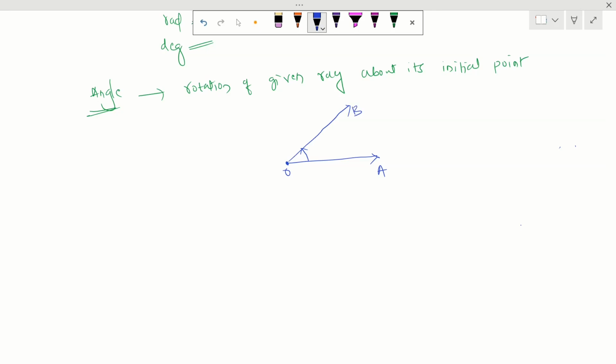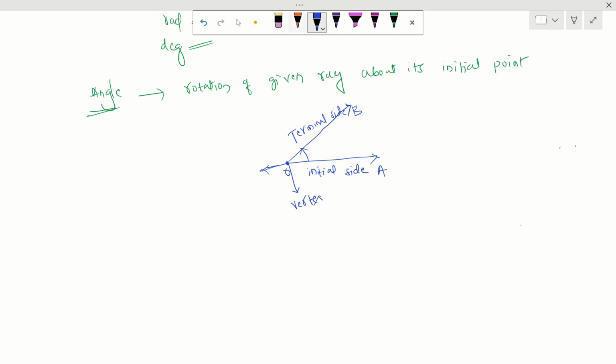The ray from which the rotation starts is called the initial side. The point about which the ray is rotating is called the vertex. After some rotation, the final position is called the terminal side.